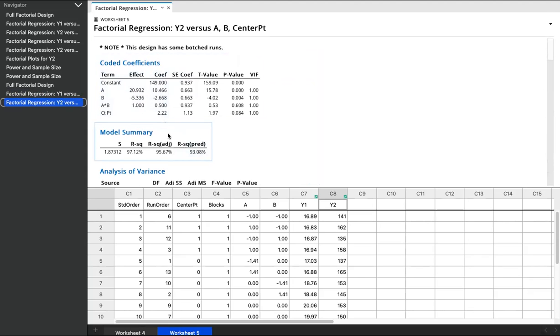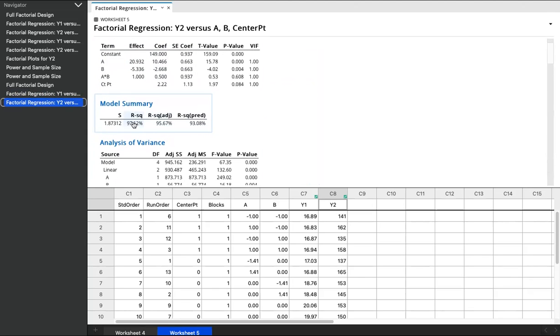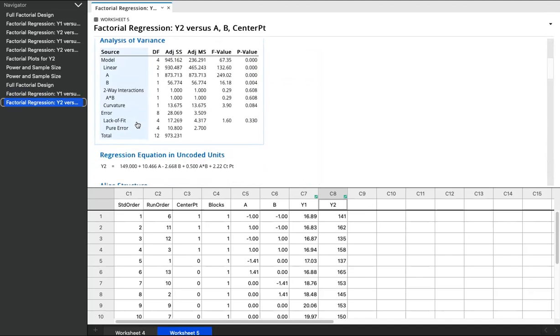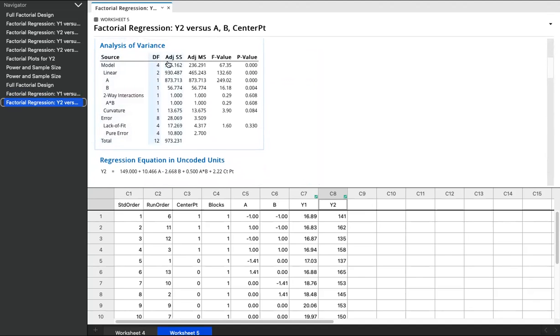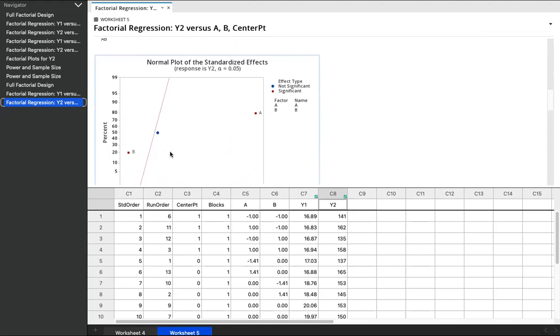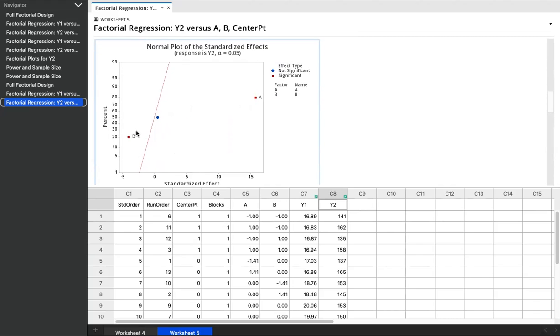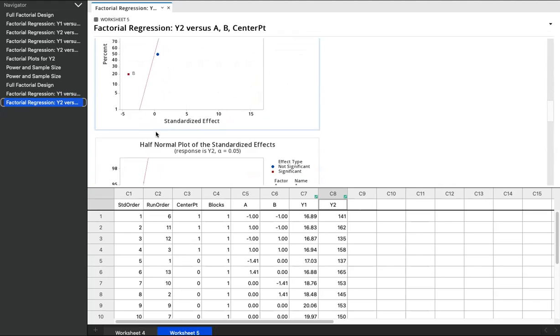Okay, here we have a very good R square, and everything seems very normal. Again, A and B are significant, AB, the interaction, not significant.